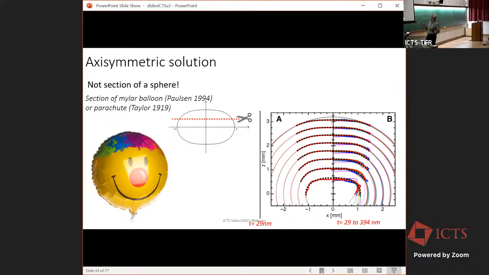These are the shapes of the object, the colors are the experiment, and the black dots are this axisymmetric solution. But you see, after a while, this thing doesn't look axially symmetric. It looks weird. So you have to go beyond this.